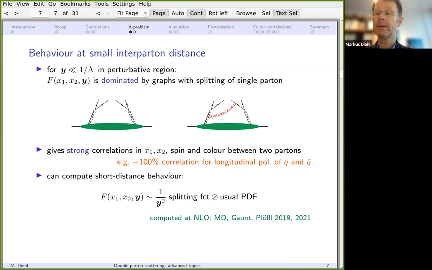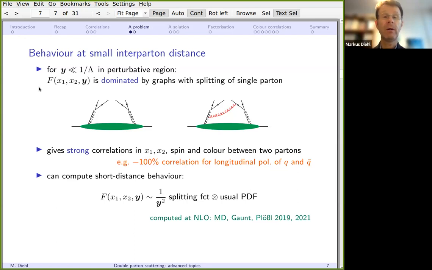Now, so far I've discussed this interparton distance. It's an important part of the physics here. Let's look into a corner of phase space, so to speak, and look at the region where this parton distance is small compared with a non-perturbative scale. So small compared with 0.5 femtometers or so. In that case, you can appeal to perturbation theory because the coupling is small at such distances.